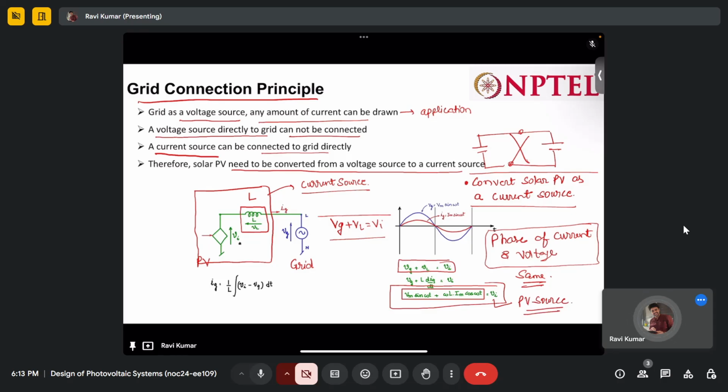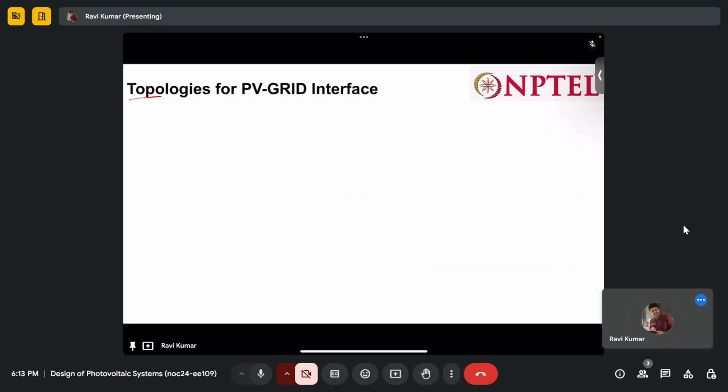Now let's see what components we have between this PV module and this grid, and how we integrate. There are different topologies by which PV can be interfaced or integrated with the grid. We have isolation, number of power stages, and dynamic controls.